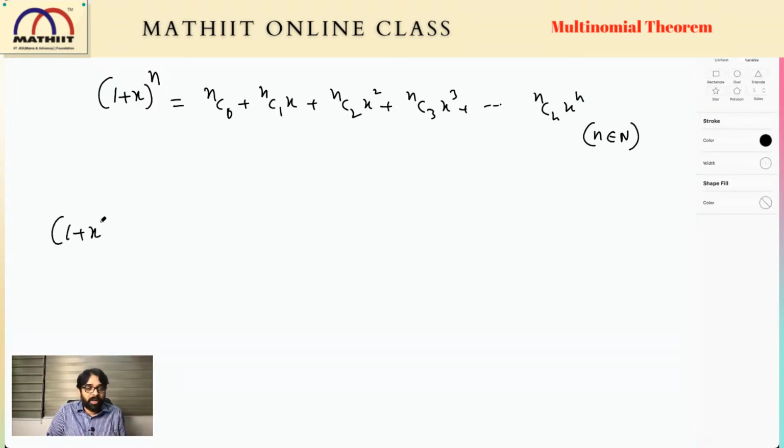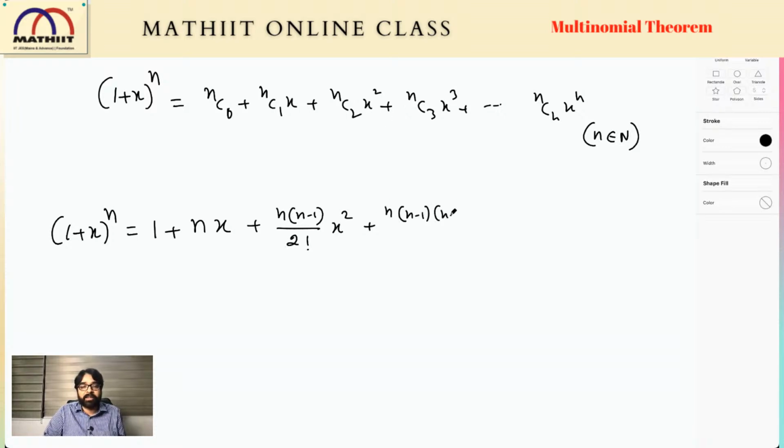Watch it. (1 plus x) power n: nC0 is 1, plus nC1 is nothing but nx, plus nC2, what I can write, n into (n minus 1) by 2 factorial into x square, plus nC3, what I can write, n into (n minus 1) into (n minus 2) by 3 factorial into x cube.